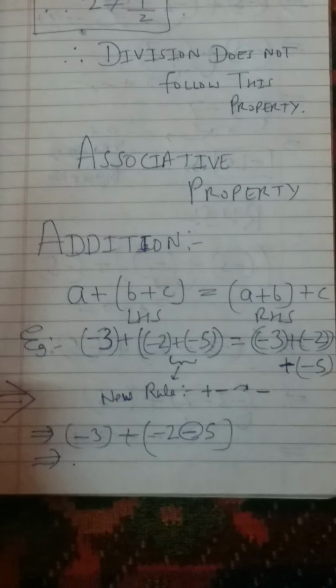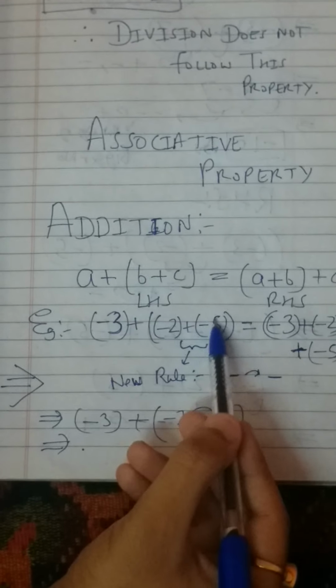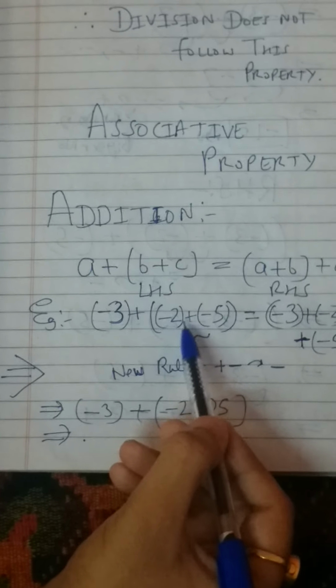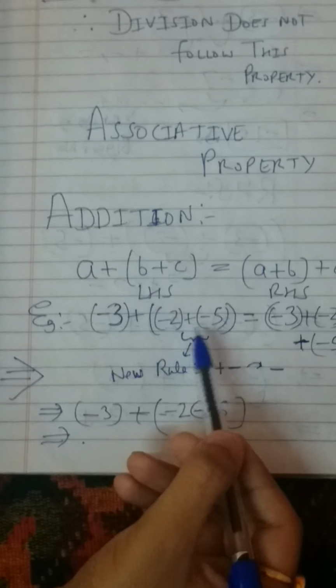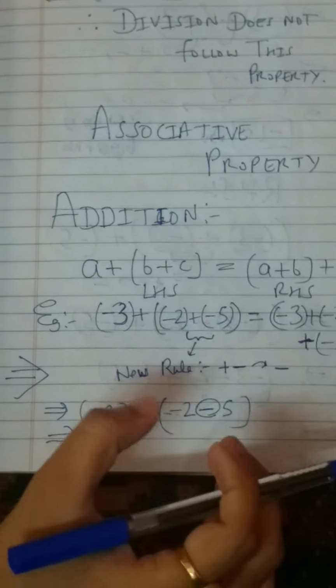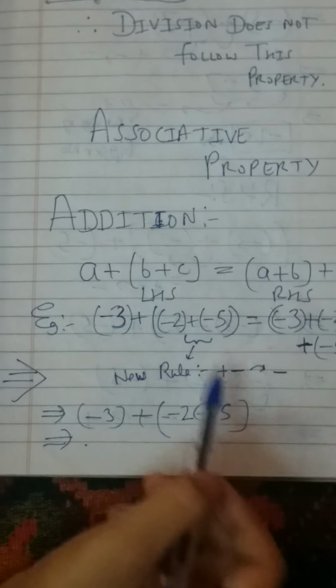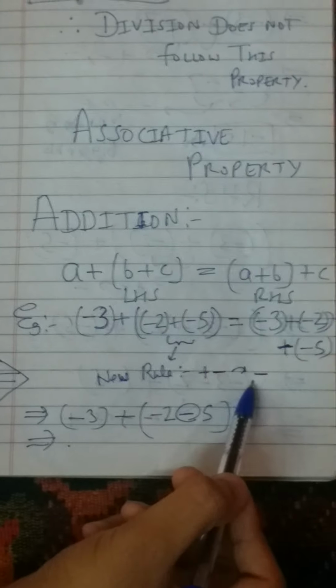The new rule states that here is a plus sign and here is a minus sign. So minus 2 plus minus 5, plus and minus are coming together. Therefore these two make one sign, that is the minus sign. This is a new rule, keep that in mind. It is different from the previous rules. So what does it make?